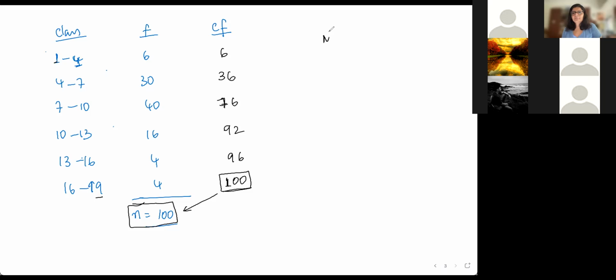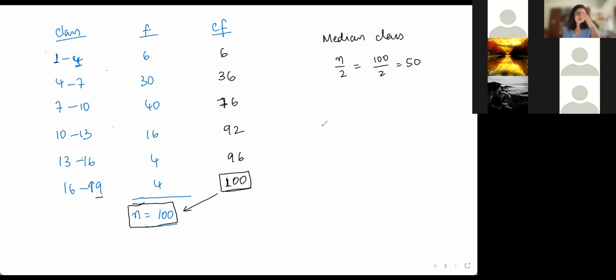Now for the median class: median is the centermost class, the central value. If I have 100 observations, where is my center lying? 50th. So as a shorthand, for the median class you need to find n by 2, that is 100 by 2, that is 50.